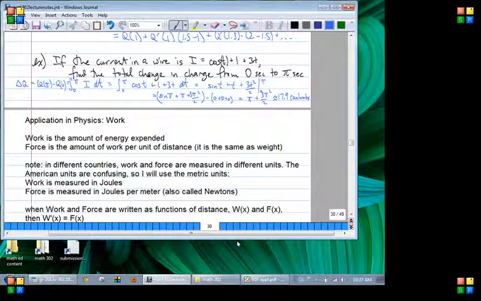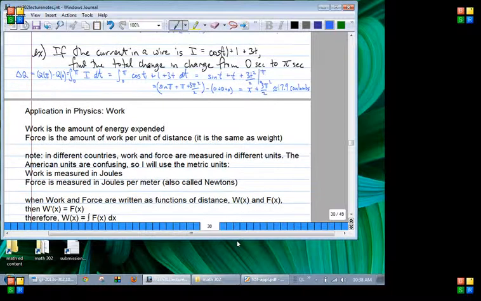Right now we're going to think of these as functions of distance. I'm going to make the choice to say that our variable is x, and x is going to represent the distance traveled. Obviously, since the derivative of work is force, we also know it the other way around: the integral of force is work.